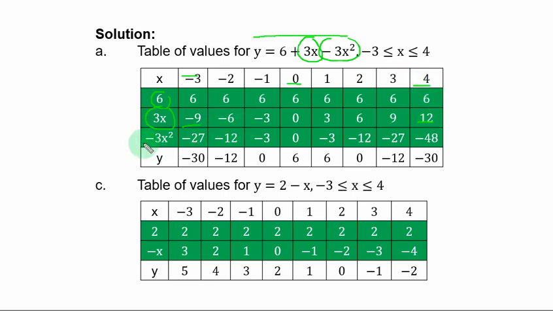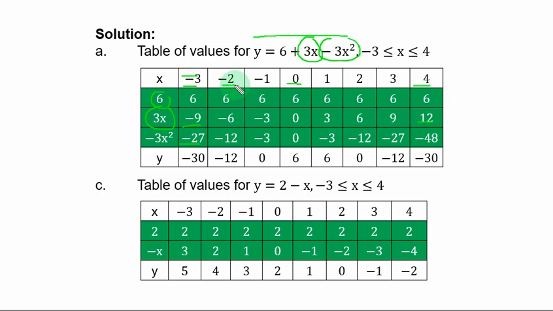Next thing is to get minus 3s squared. You need to get s squared first, and you multiply that result by minus 3. So minus 3 squared is 9 times minus 3, you have minus 27.